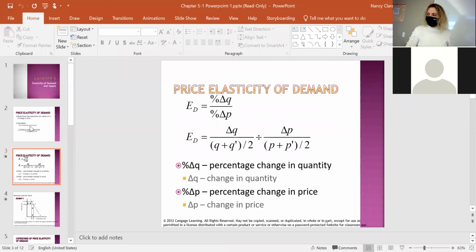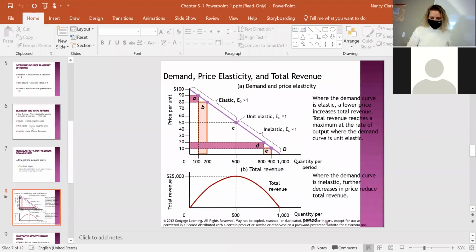So this is the equation, remember that you want to have ready and available. And then the last slide that we went over before we broke last week was something like this, right? Where we looked at the downward sloping demand curve, how it's more elastic at those higher prices and more inelastic at those lower prices. And then what happened to revenue as we decreased price and worked our way down that demand curve from highest price to lowest price.